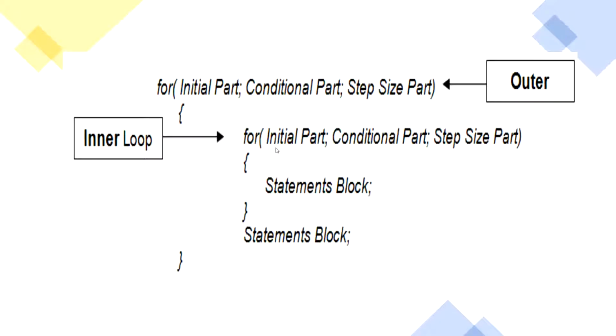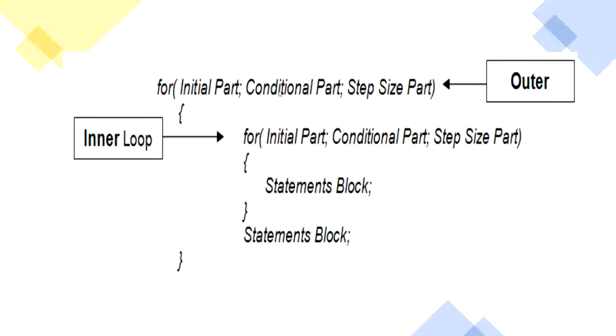For example, we'll consider a condition here: for int i equals 1, i less than or equal to 5, i plus plus. What this does is print numbers from 1 to 5. Now what the outer for loop does is, whatever the numbers 1 to 5 that are printed, it is going to print that as many times as we want.